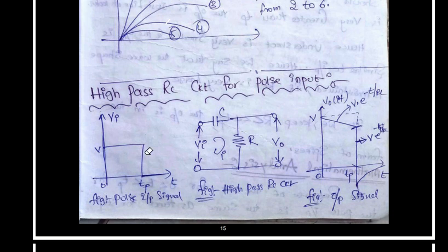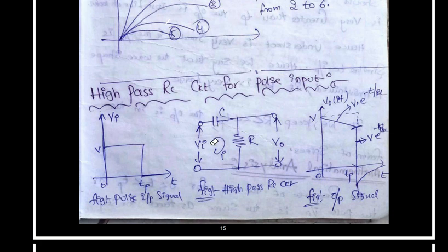Again, in the fourth case, at t is equal to Tp, the input signal suddenly decreases to the low value. Whenever we apply this signal to the circuit, the capacitor does not respond to the input signal. That means it behaves as a short circuit.